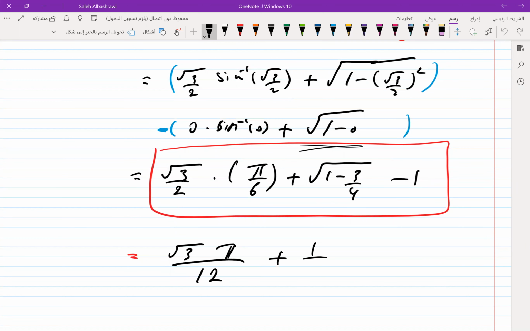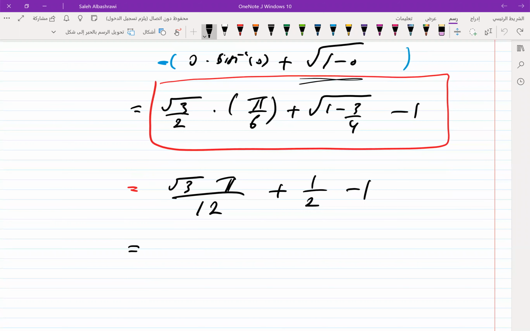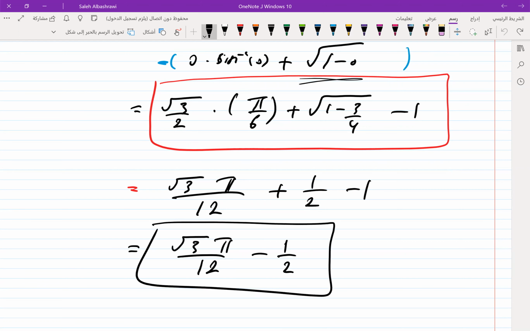This one is 1 over 2 minus 1, which will be minus 1/2. So this is the value of the integration. We use integration by parts to evaluate it, then we found the value of the integration.